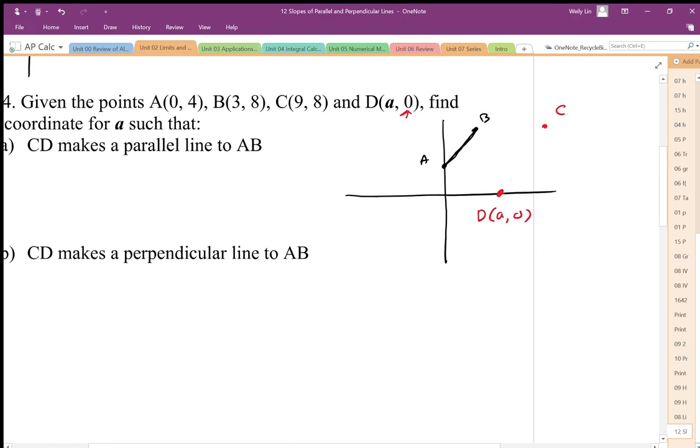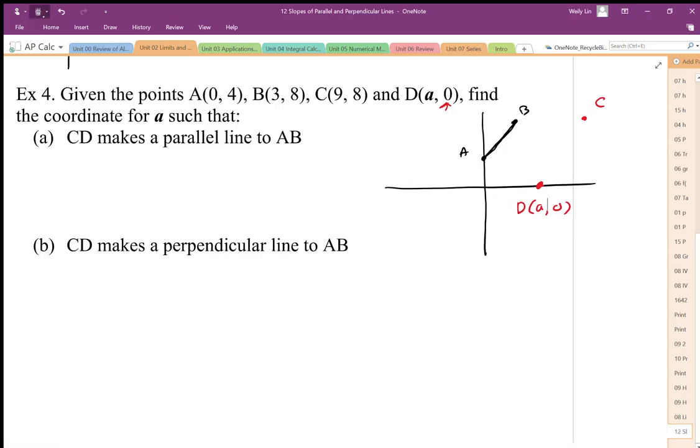Okay, well, again, since we're talking about parallel lines, I would probably want to start with finding the slope of AB. Finding the slope of AB, we get 8 minus 4 over 3 minus 0. So we get a slope of 4 to 3. So there's my slope ratio, 4 to 3.